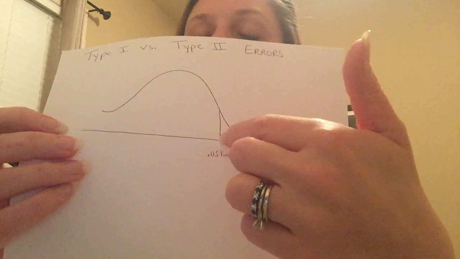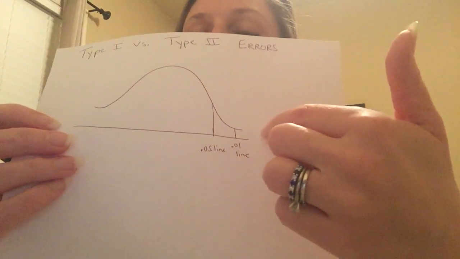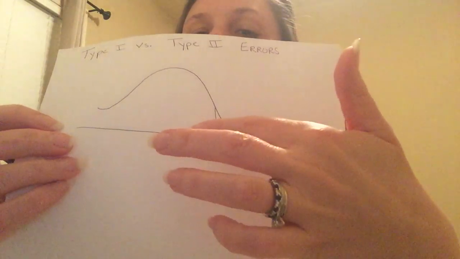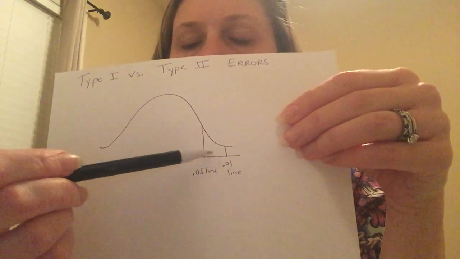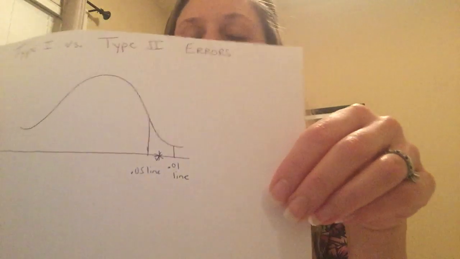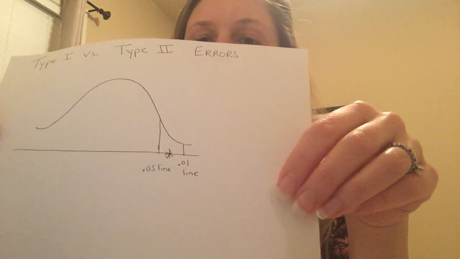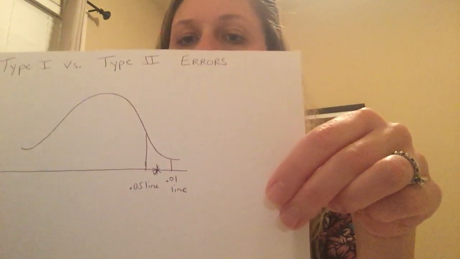So I'm making my possibility of a type 1 error smaller, but I'm actually adding this additional section here for the type 2 error. Let's say my score falls right in the middle. If I've changed my p-value to 0.01, then I'm going to fail to reject the null.